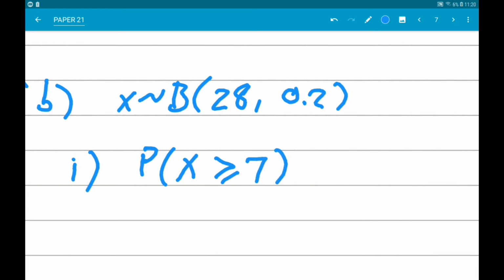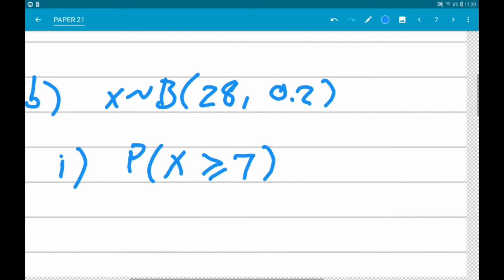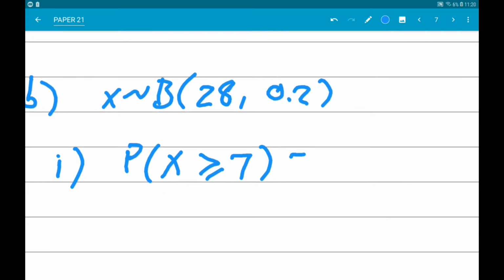Now, our calculators always calculate probability from the left and up. So, we need to think of this as 1 minus what we don't want. So, we are not interested in 6 or fewer.